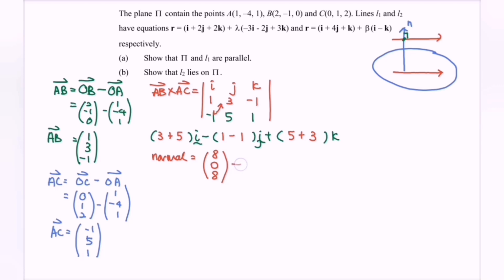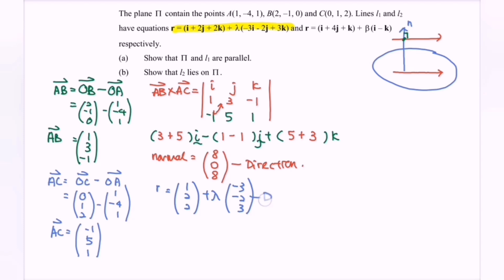So since here we have the direction, now we want to show that it is 90 degrees. Kindly refer to line 1. So here we have line 1. What we have to do is to express the situation in a vector equation. So here we have r equals 1, 2, 2, plus lambda, and then the direction is negative 3, negative 2, and 3.